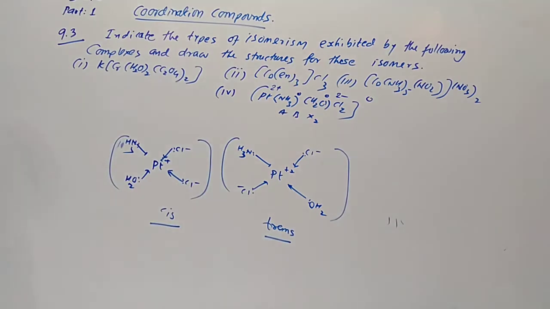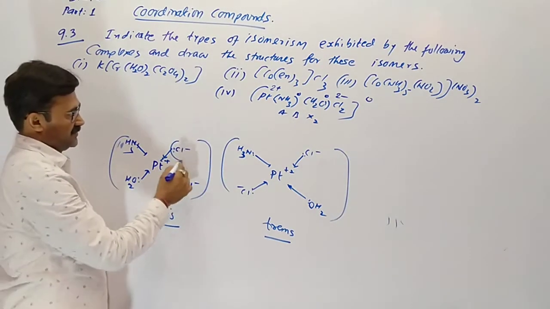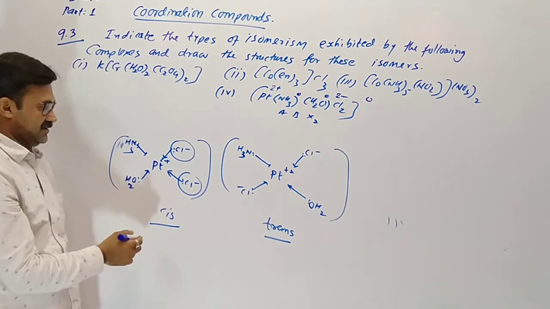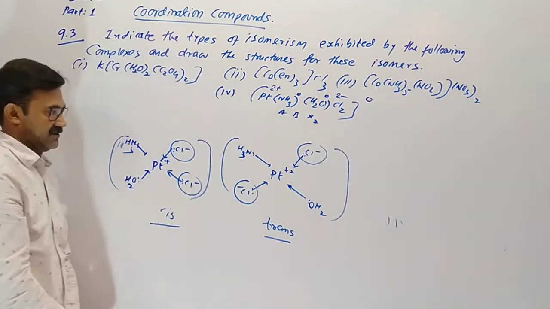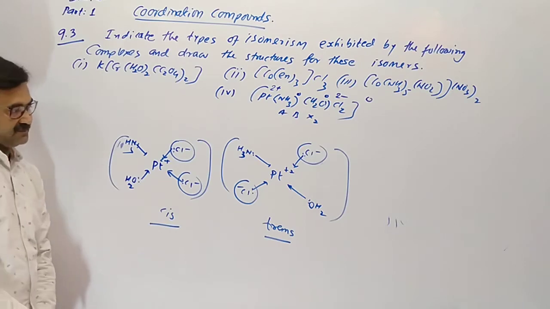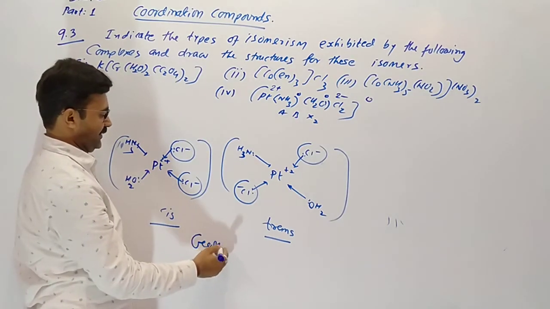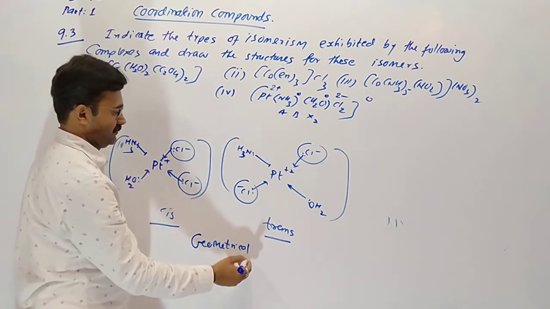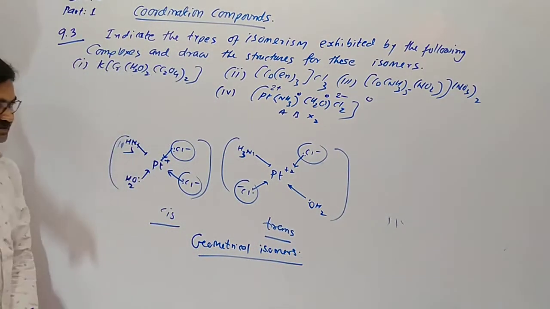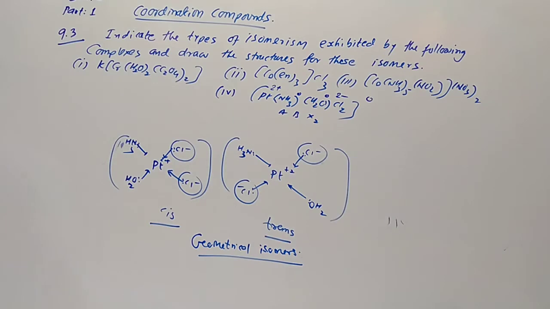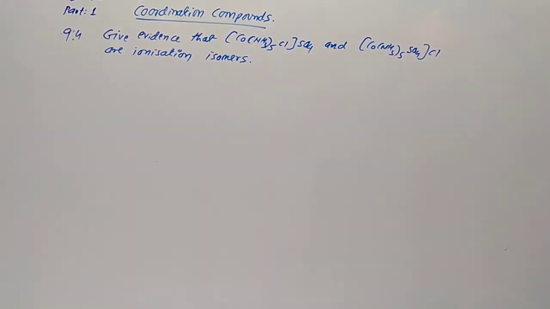Cis and trans: these 2 chlorides are very close to each other, so cis. These 2 chlorides are opposite to each other, so trans. So here geometrical isomers occur, cis and trans. Understood, dear student?